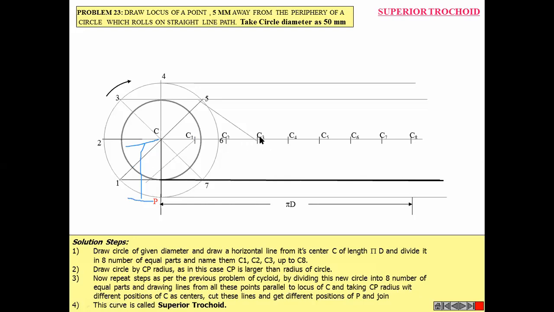Now from C3 we will mark on the line coming out from point 3, like this. Now C4 means marking on the line coming out from point 4, so it will be here. C5 means marking the arc on the line coming out from point number 5, so it will be like this here. Then 6 to 6 again, it will be on the horizontal somewhere, so it is not shown. Then again 7 to this 7 here, and 8 to 8 will be at the bottom.